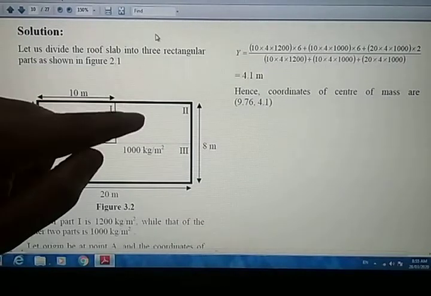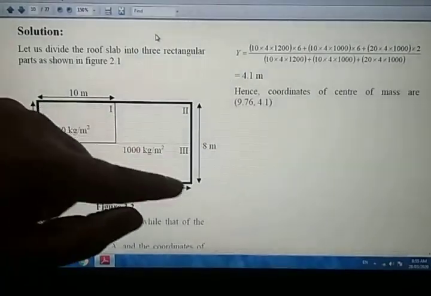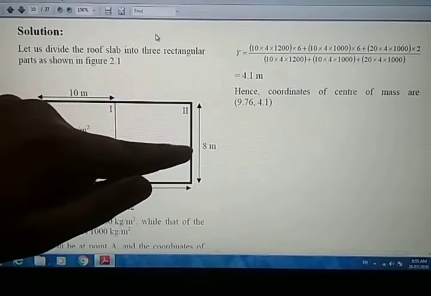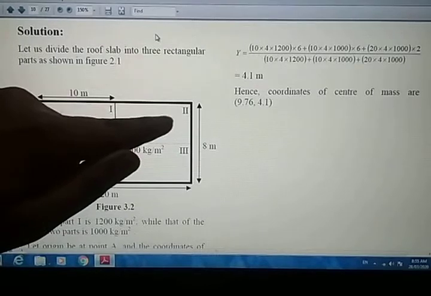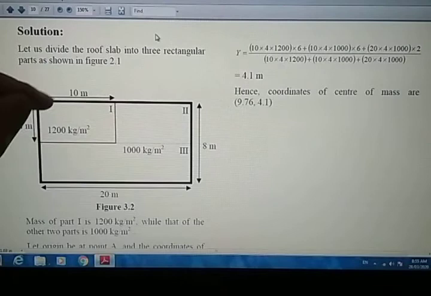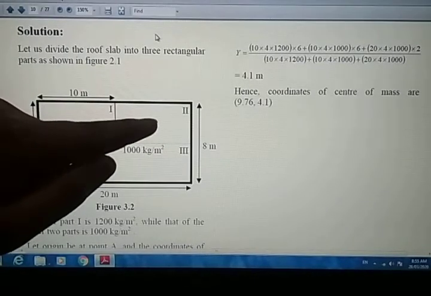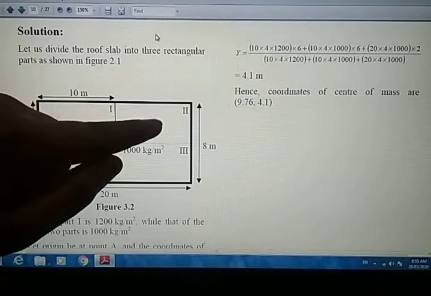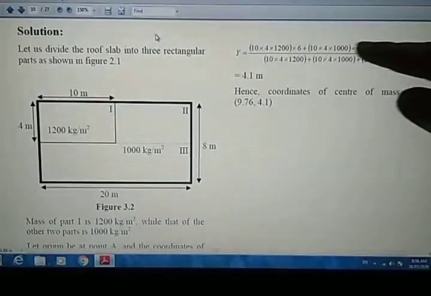And what would it be for this section? This is similar to this section: 4 is the full length of the y ordinate, and half of this section, 4 divided by 2 means 2. The centroid lies at the midpoint of this section, so 4 plus 2, 6, here.